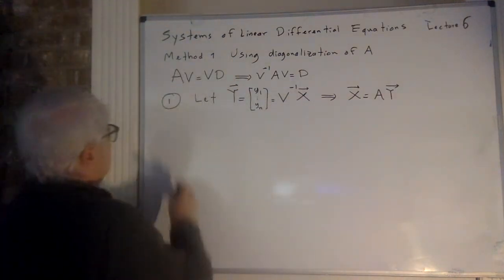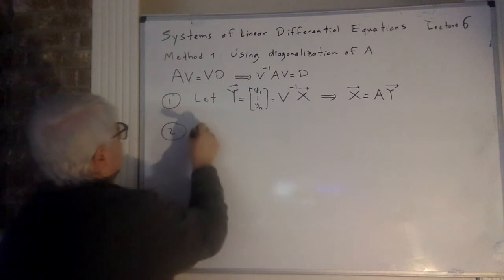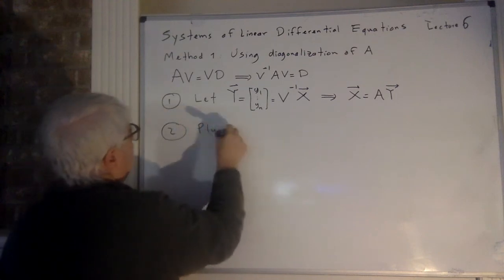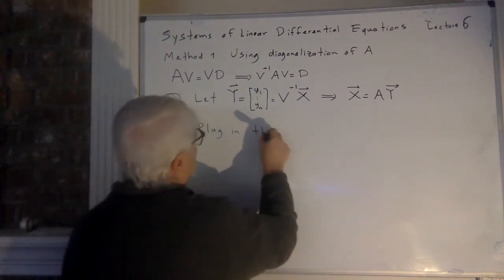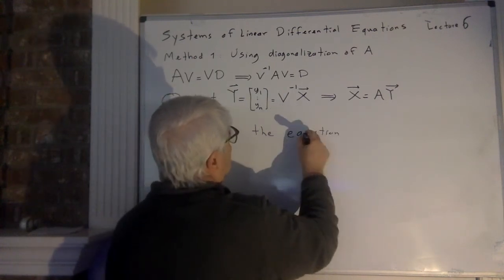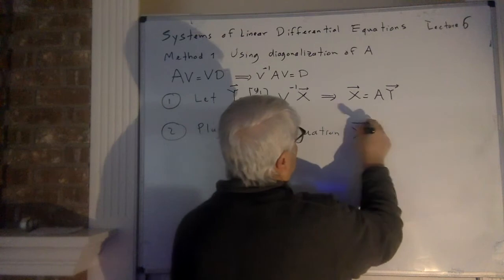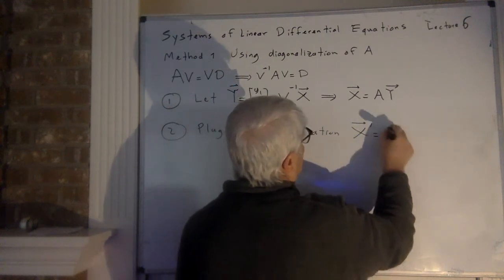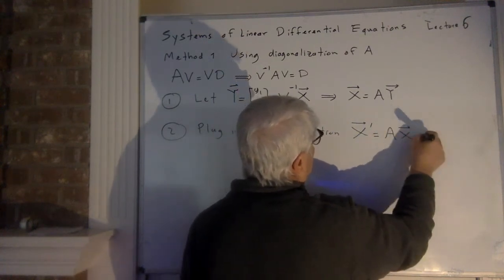So, number 2, plug into the equation. Okay, what was the equation? The differential equation was X prime equals AX plus G(t).